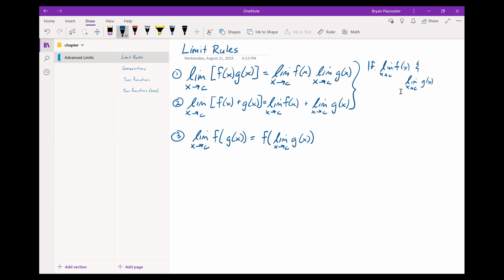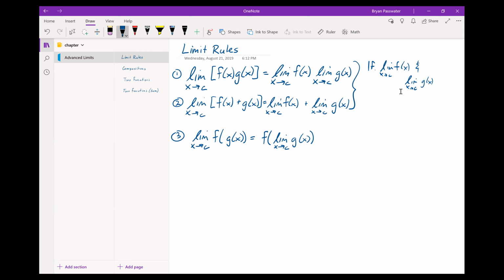I think sometimes what we do is we take this conditional statement and we end up making it a biconditional, right? And so what happens is, if the limit of f exists and the limit of g exists, then the limit of the product and the limit of the sum are given by these two rules. If one of those conditions fails, or if both of those fail, it only means that we can't use those definitions.